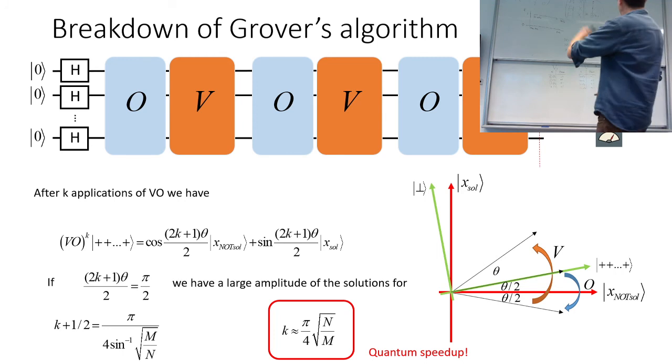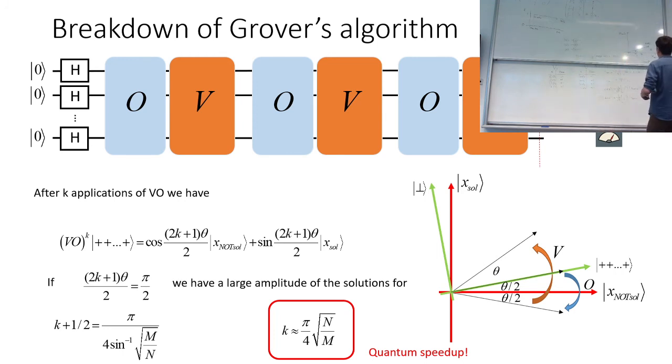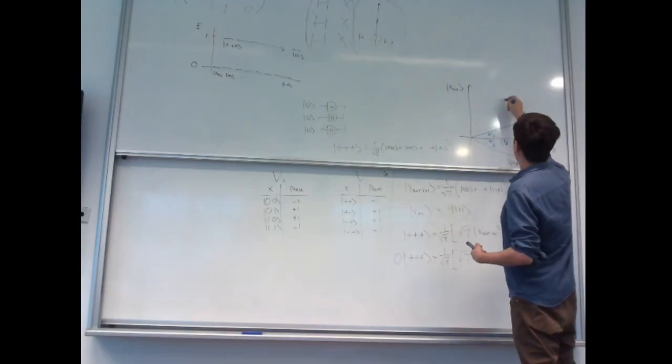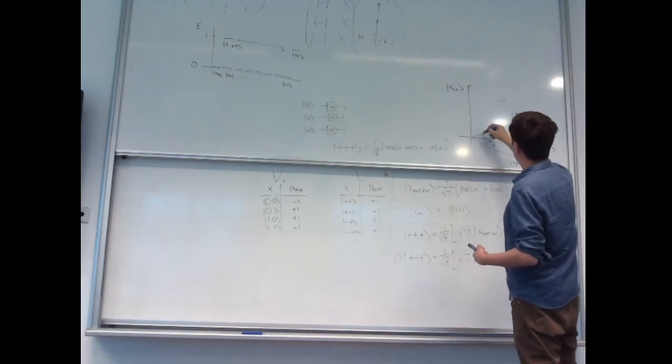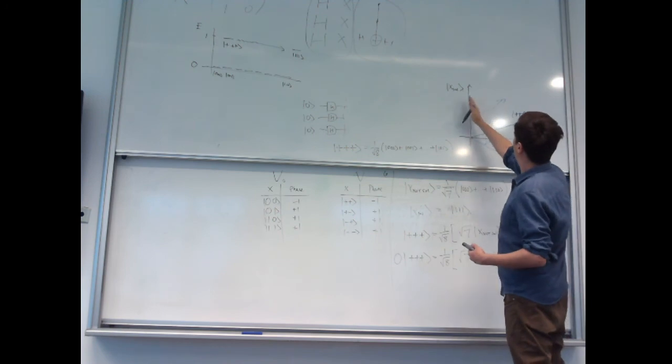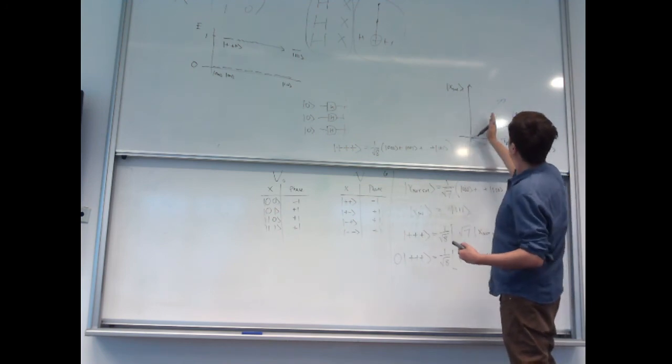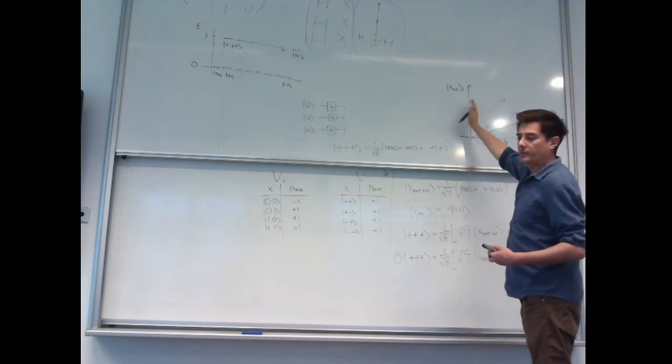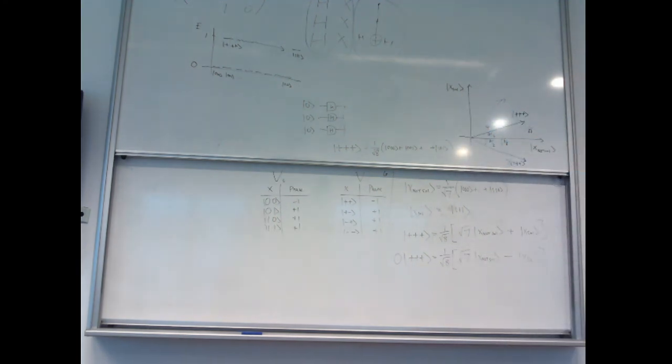You'll get kind of closer. So maybe after one iteration it'll look like here, so this is theta, and then after 2 iterations, according to this, it might not point exactly along the axis.